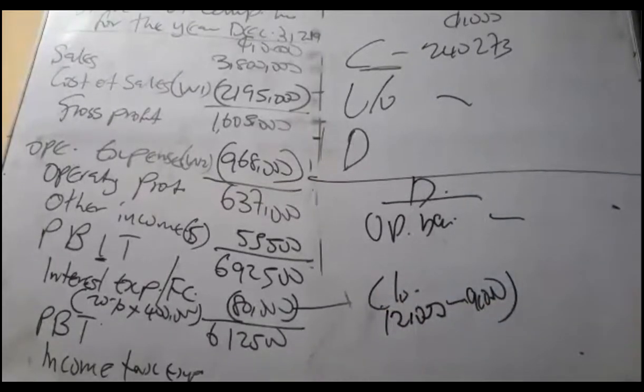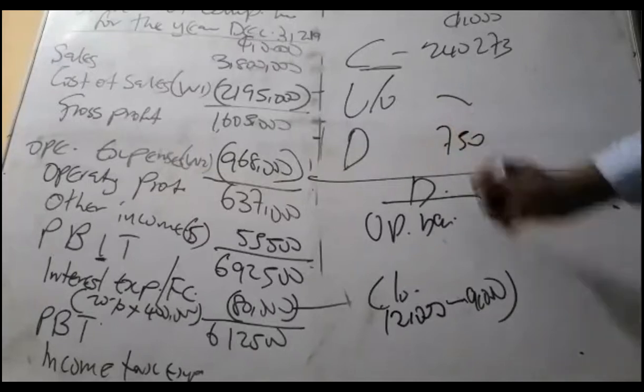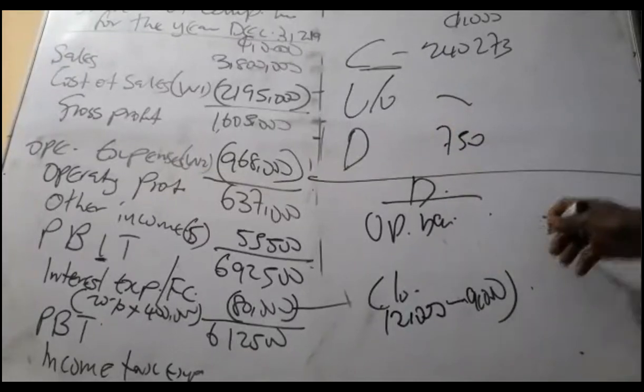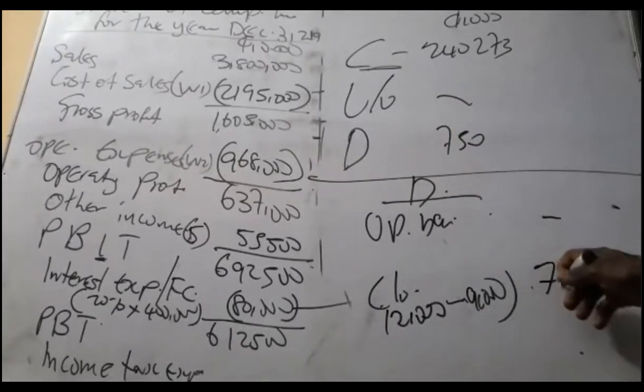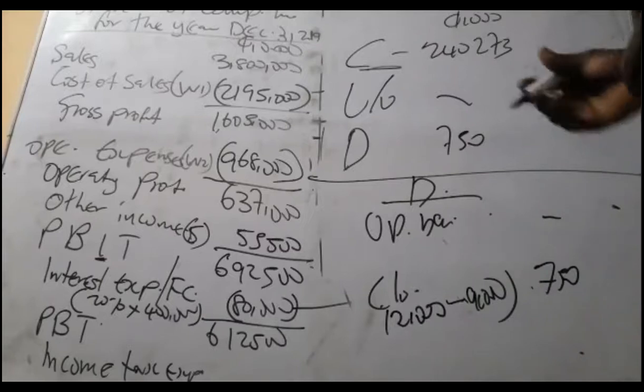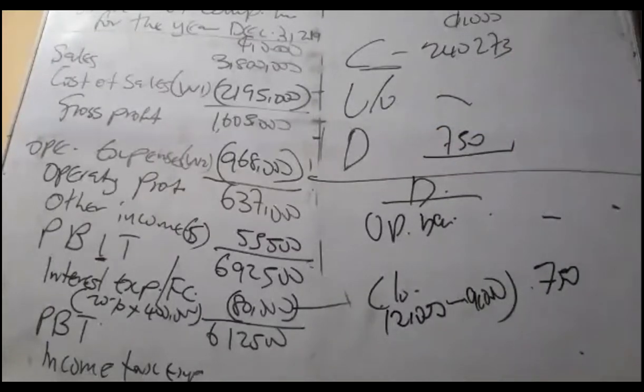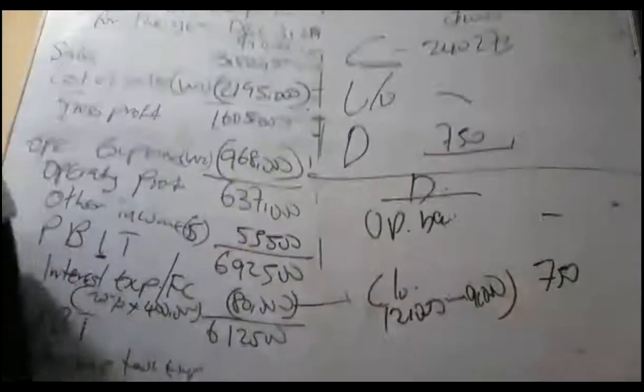Before you multiply by the tax rate, we had 750, so we keep that 750 in here, and that 750 becomes non-current liability. So kindly sum them up. When you add these two together, that's what goes to the profit and loss account.